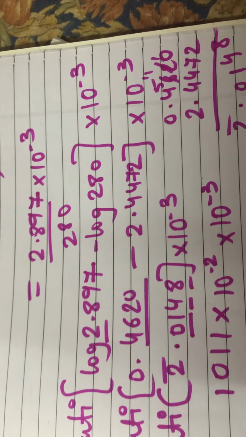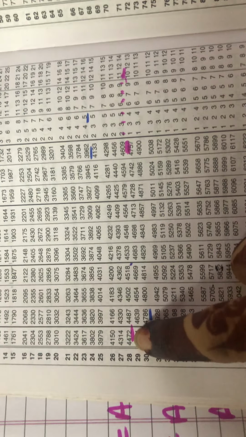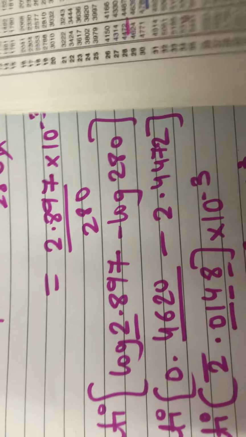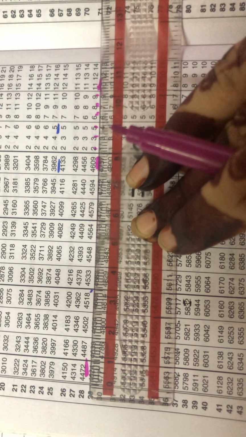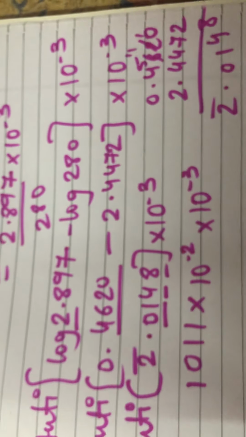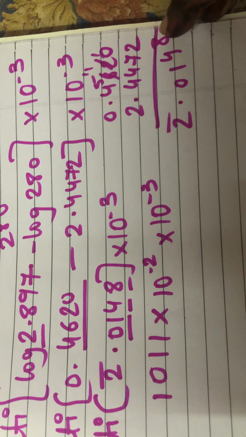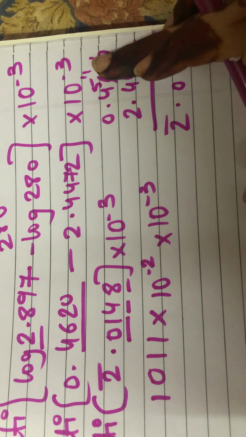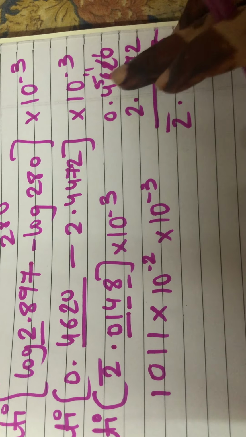The subtraction is done properly: 10 minus 2 is 8, 11 minus 7 is 4, 5 minus 4 is 1, and 0 and bar 2.